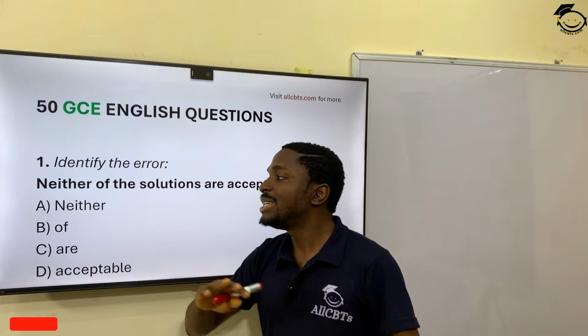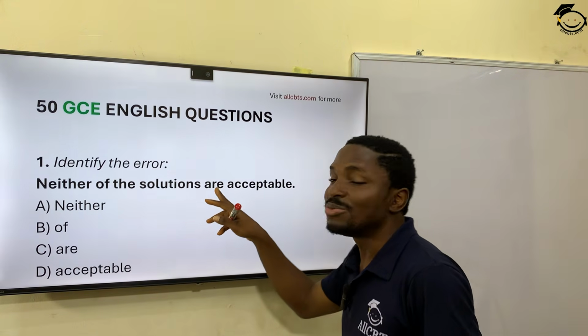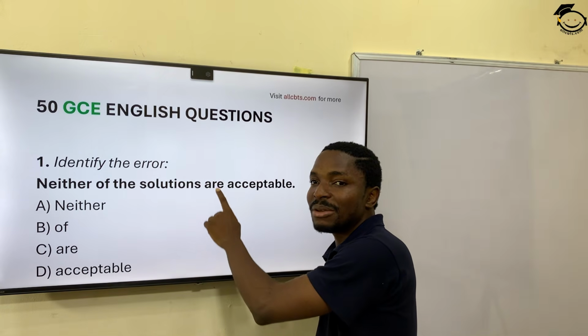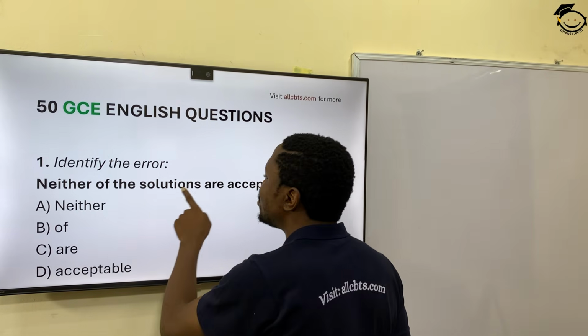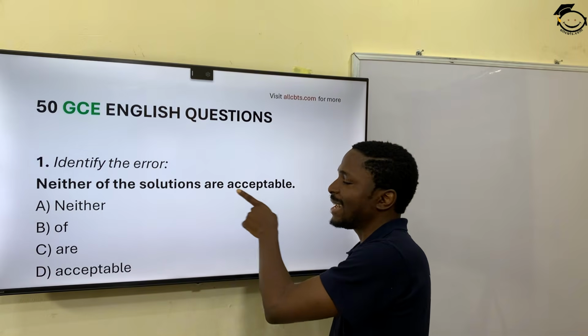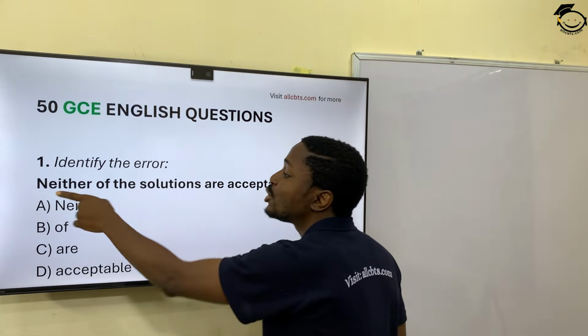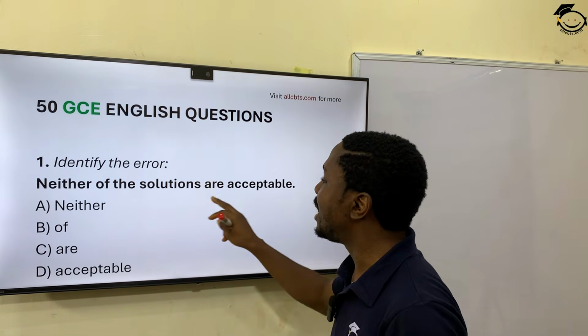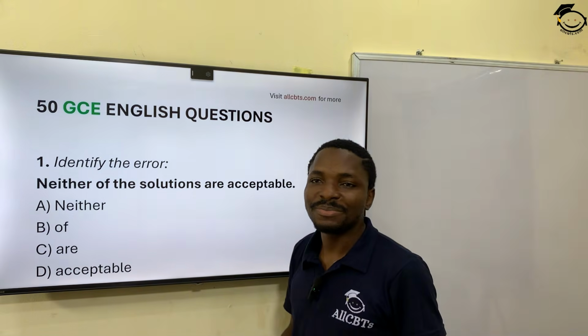So, not one or neither of the solutions. The verb here should be is. Neither of the solutions is acceptable, because you are saying not one of the solutions. So the error here is what? Are.